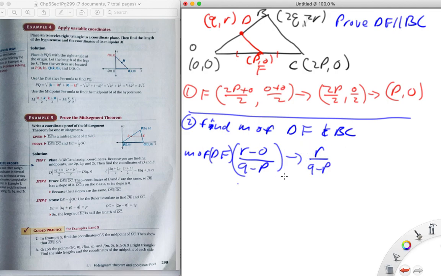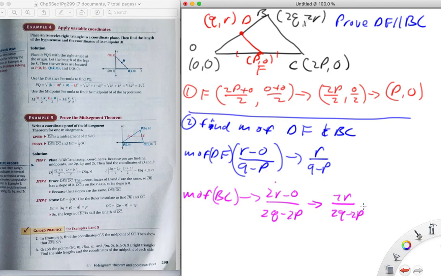So that's our slope. And then our slope of BC. These are my 2's and these are my 1's. 2r minus 0 over 2q minus 2p. So that's going to be 2r over 2q minus 2p. Divide all of that by 2, and we get r over q minus p.